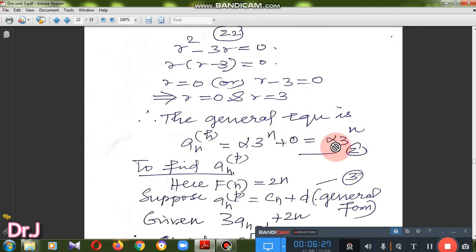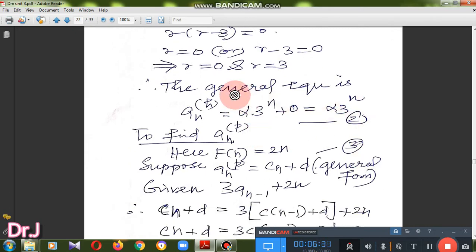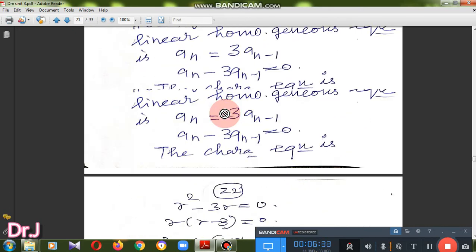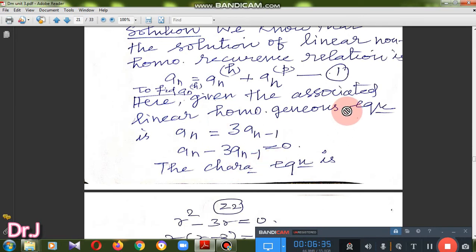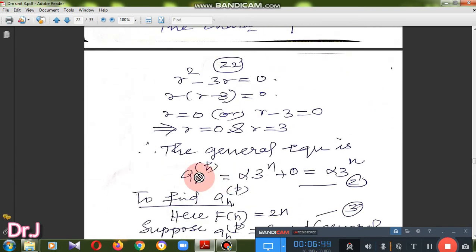You will get alpha times 3^n. I am taking this as equation number 2. So I have got the first solution, for the associated linear homogeneous relation.